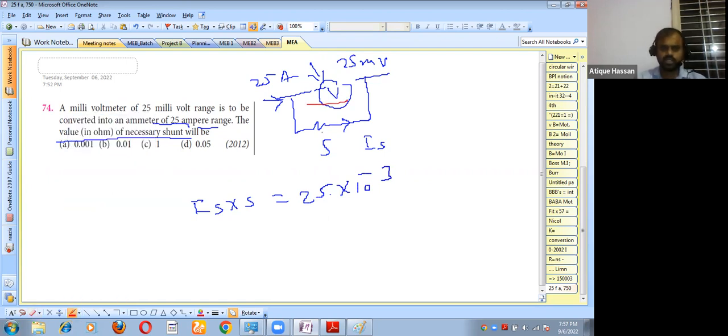Actually, the potential across this and this will be equal. So we have to calculate S.